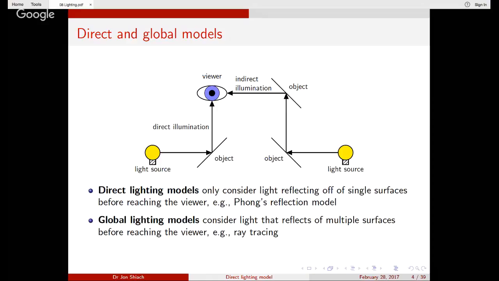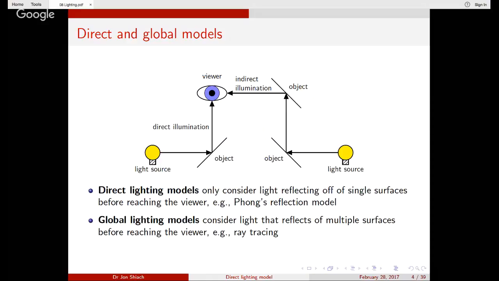Direct lighting models only consider light that falls on an object and goes straight to your eye. They do not take into account light bouncing around. The model we're going to be looking at today is called Phong's reflection model. This is the most common model.